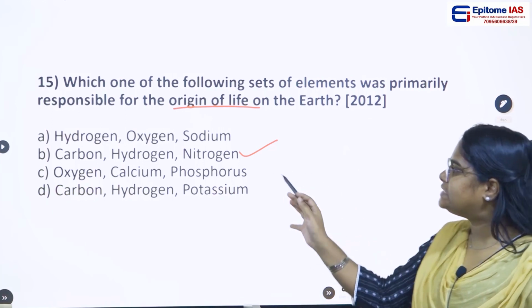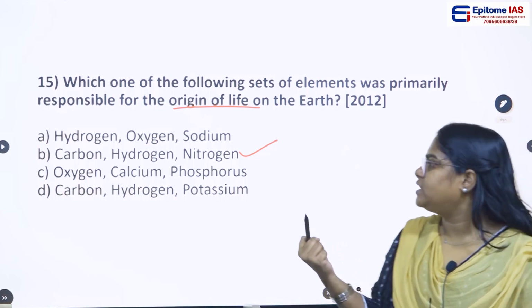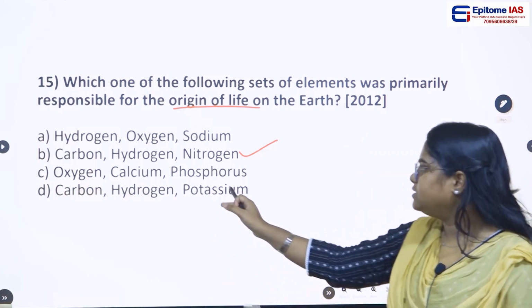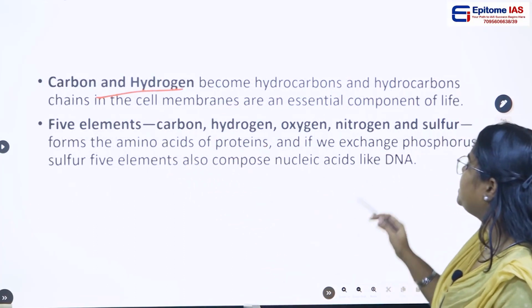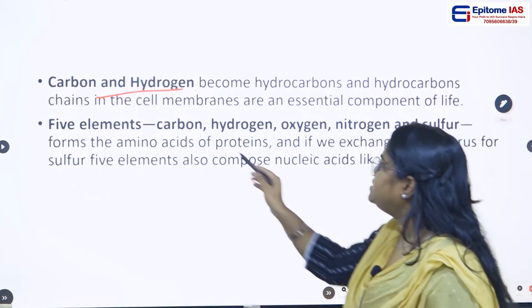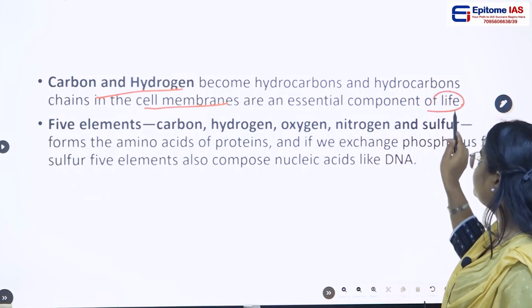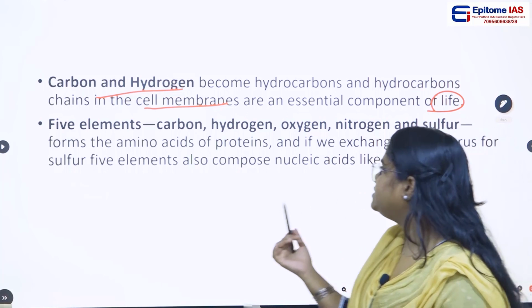If you see, these three are the basic elements which are responsible for the living of any organism. Carbon and hydrogen became hydrocarbons, and hydrocarbon chains in the cell membranes are an essential component of life. So carbon and hydrogen are important for the survival of organisms.